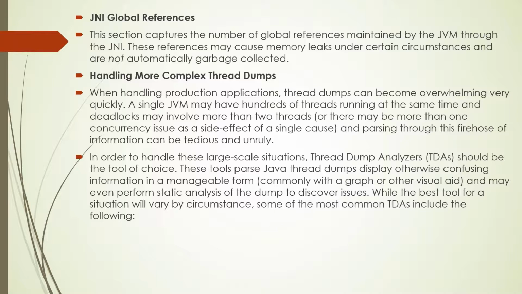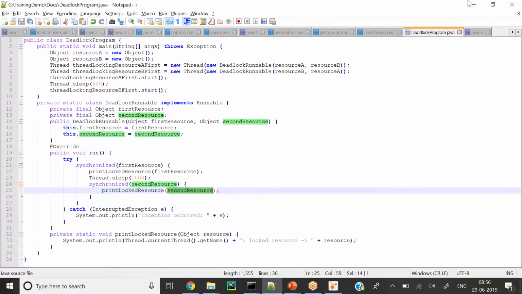Now let's solve this deadlock issue. We identified that line number 25 is causing this issue, so we need to understand what is written at line number 25. We have access to the program because we wrote it to demonstrate this. But in your work environment or lab environment, you may not have access to the code.